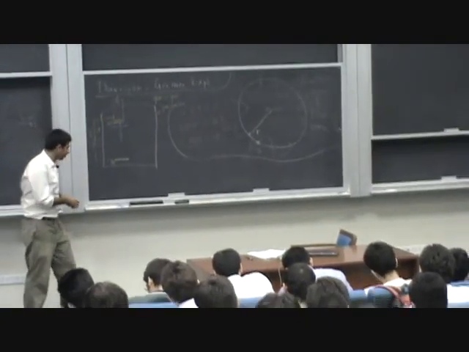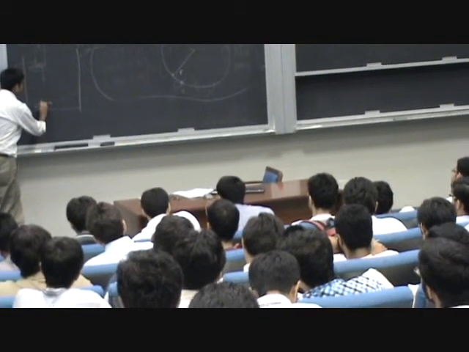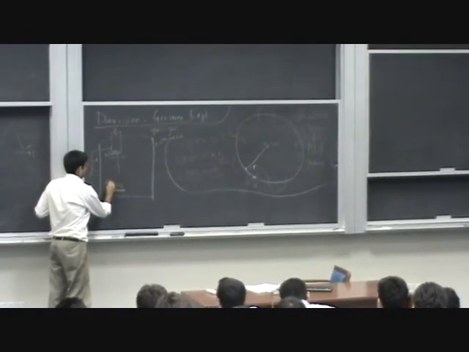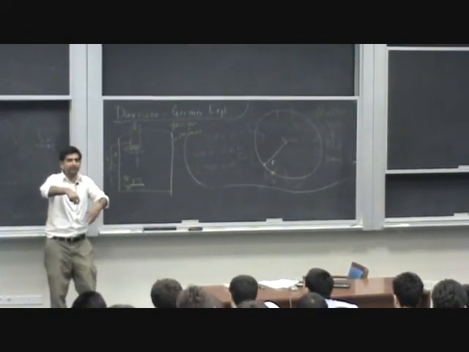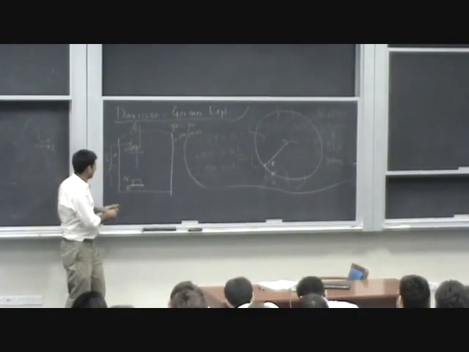Now on this anode is placed a piece of nickel. एक निकल का एक पीस पड़ा हुआ, निकल एलिमेंट है ना, मैग्नेटिक एलिमेंट है एक निकल, ठीक है?